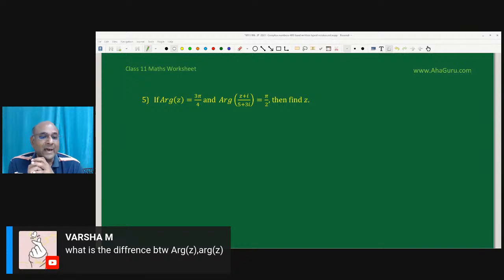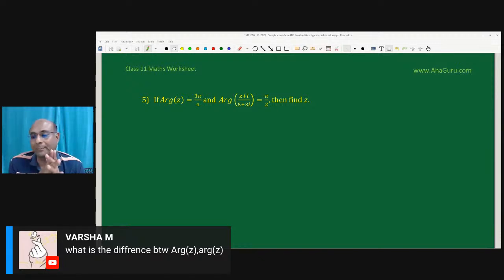Varsha, capital ARG compulsorily has to be between minus pi and plus pi. Small ARG could be anything with that plus 2 pi. Whatever the actual argument, plus 2 pi, minus 2 pi, plus 4 pi, minus 4 pi, you can keep adding and subtracting 2n pi.